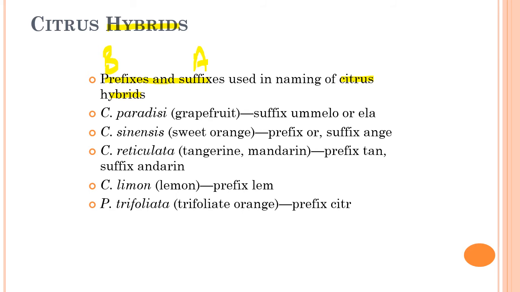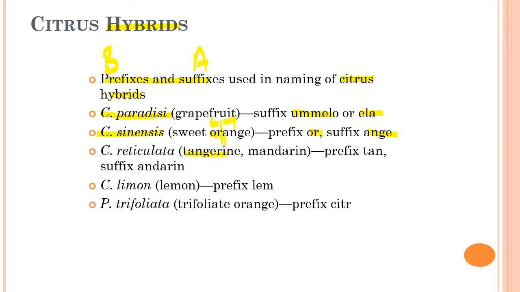For example, you take part of the name of the plant, right? Citrus paradisi is grapefruit, right? It comes from the pomelo. So we take pomelo or melo. This is how it is. For oranges, Citrus sinensis, sweet orange, we take or, from orange, or we take ange, the next part here. So either before or after.